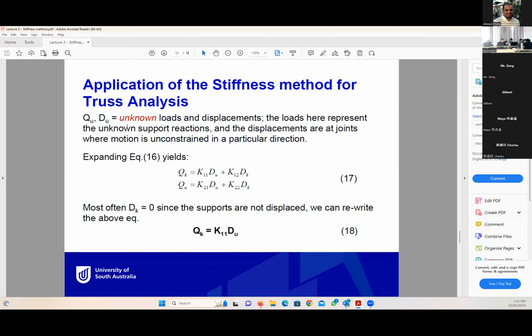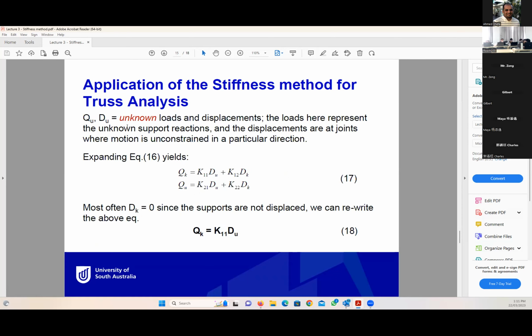If DK is 0, the second term in both equations will be 0. So we can write QK as K11 DU, and QU will be equal to K21 times DU. Okay, so this is in our calculation.